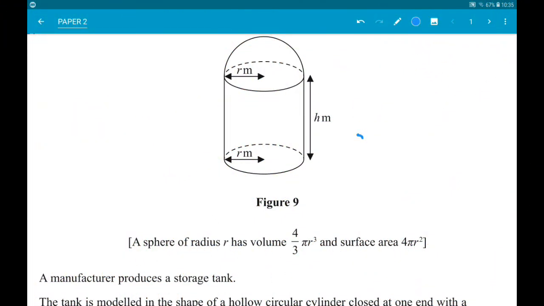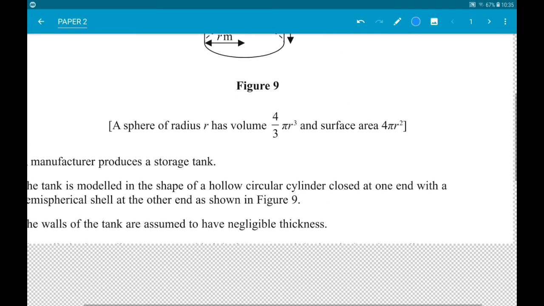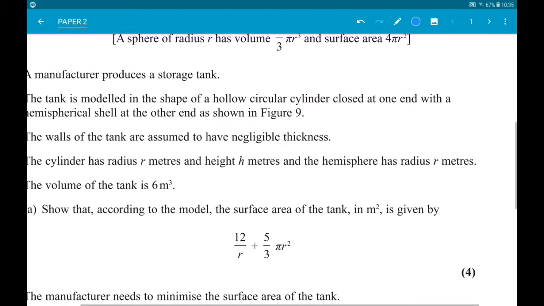A manufacturer produces a storage tank. The tank is modelled as a hollow cylinder closed at one end with a hemispherical shell at the other end. The walls of the tank are assumed to be of negligible thickness.